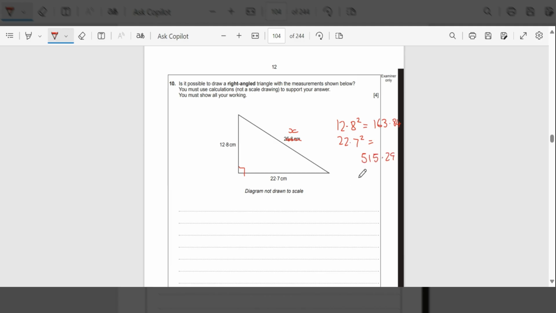If I add them together, you can be neater than me. Think about your setting up here, okay? You get 679.13, and we want to be square rooting that. So it's square, square, add, square root. So if I square root that, I get 26.1. They have written 25.6, so they are wrong. So this is not a right angle triangle. If this was a right angle triangle, that would be 26.1.